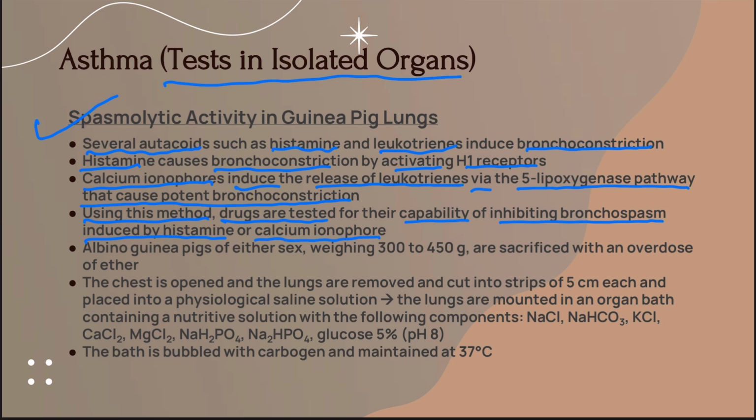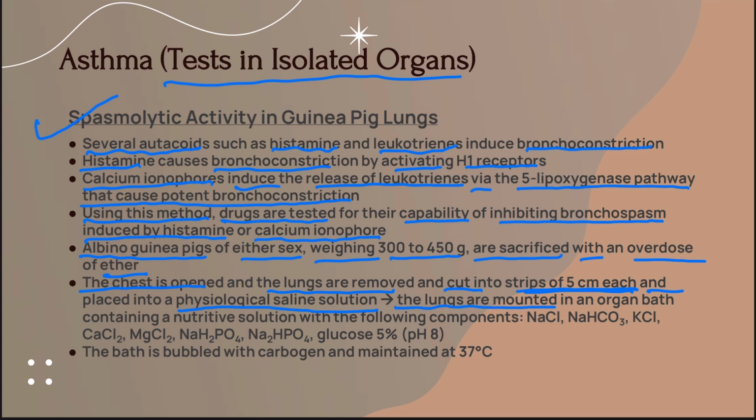So what we do is we take albino guinea pigs of either sex weighing 300 to 450 gram, and they are sacrificed with an overdose of ether. Then the chest is opened and the lungs are removed and cut into strips of 5 centimeters each, and then placed into physiological saline solution.